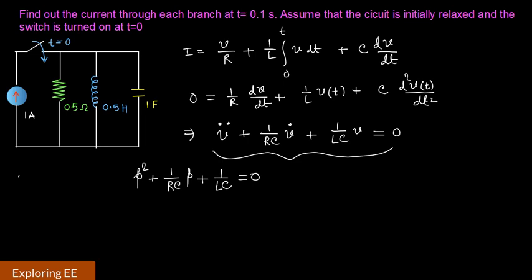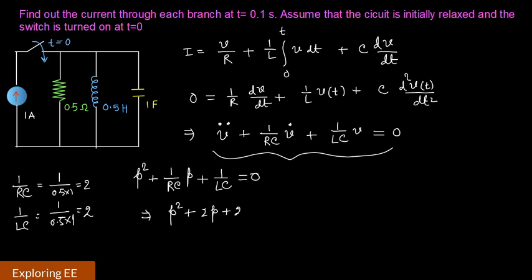If we compute the value, 1 by RC is 1 by 0.5 into 1 farad, that is 2. 1 by LC is 1 by 0.5 into 1, this is also 2. The equation becomes p square plus 2p plus 2 equal to 0.